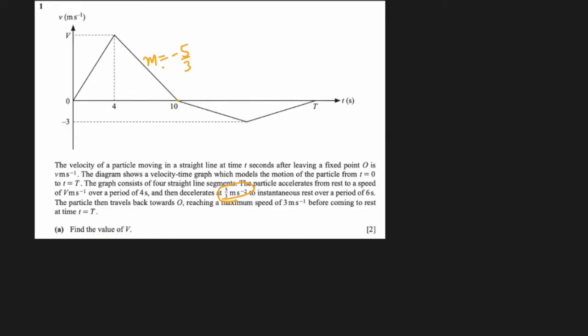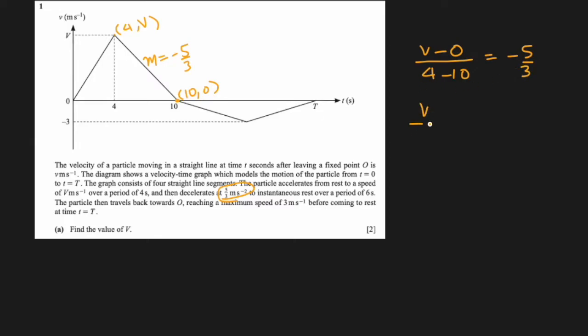So since I've already said that the gradient of this line is minus 5 over 3, if I know the coordinates of these 2 points, I will find v. I can see that this is 10, 0, and this one is 4, v, right? And now we can find v easily by writing the equation of a gradient, which is y2 minus y1 over x2 minus x1, and we know this is equal to minus 5 over 3.